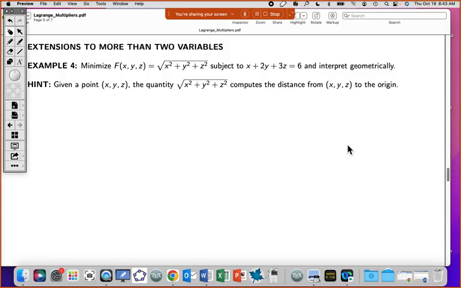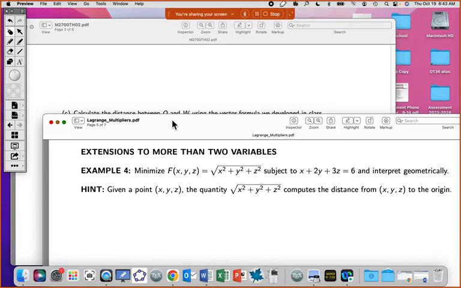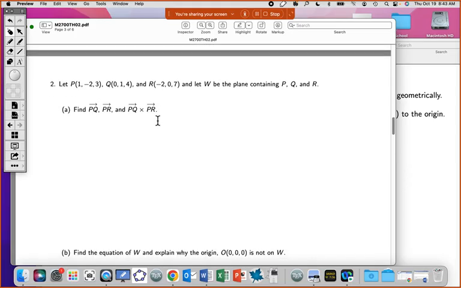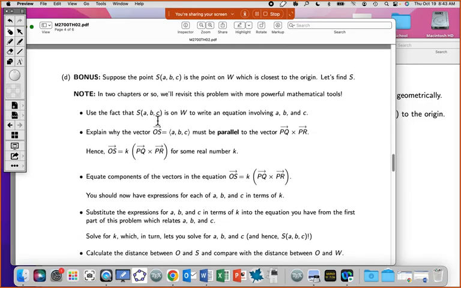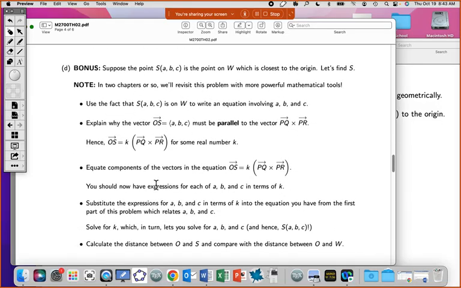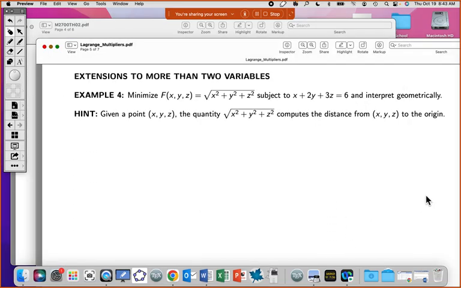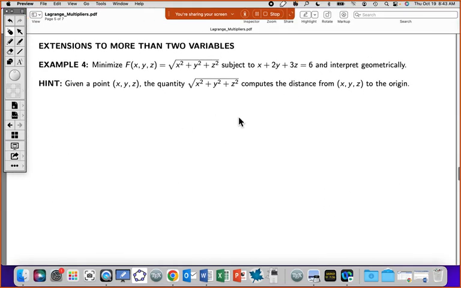And not only will you get the distance, which was part of the take home you had to do, but you can now get that point as just a consequence of doing Lagrange's theorem, right? So once again, for an extra 5 points, you go back to take home 2 and basically you get to do this bonus. But instead of doing it this way, you can use a more sophisticated tool, Lagrange multipliers. So is the bonus clear on that?